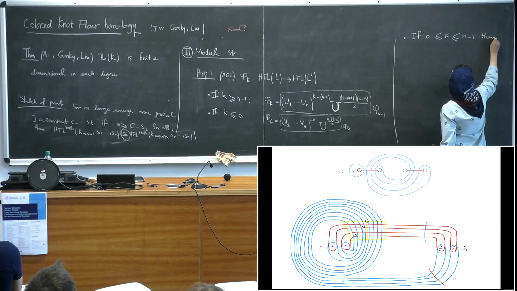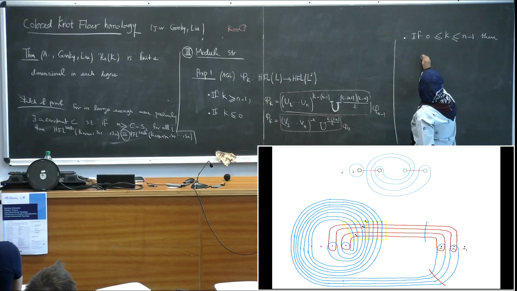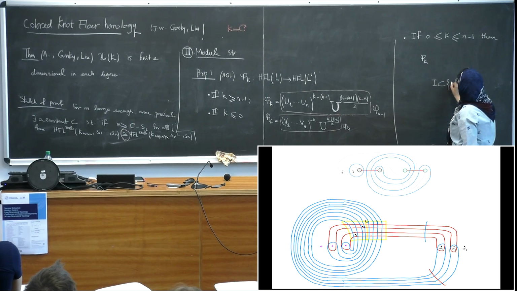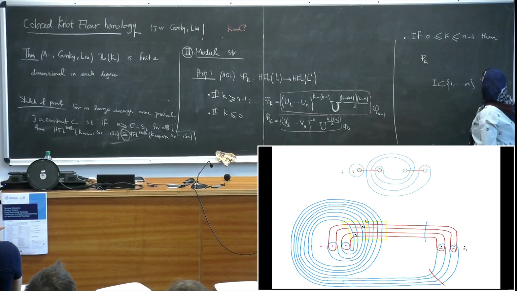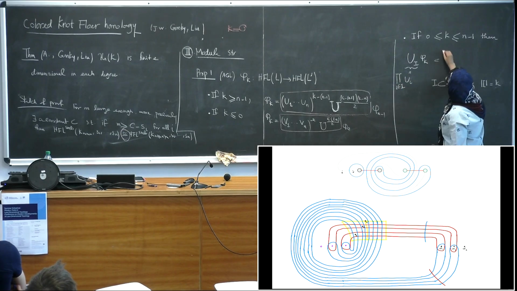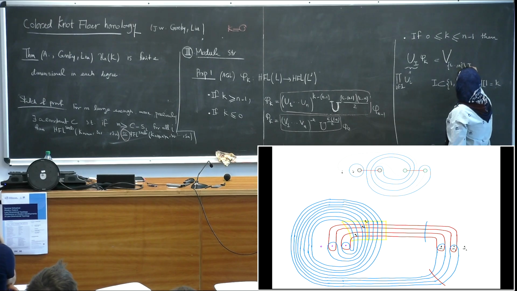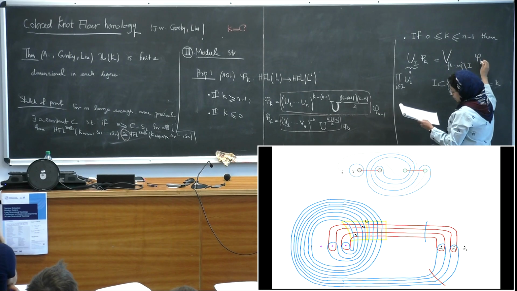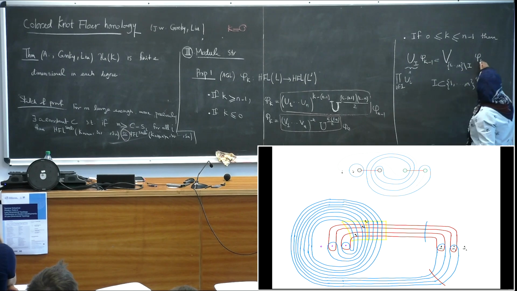Okay, and if k is between 0 and n minus 1, then we can look at all of the subsets of 1 through n with k elements and multiply phi k by ui, the product of the ui's over this subset I. It's equal to V, the complement of I, times V, say k minus 1, Vk.